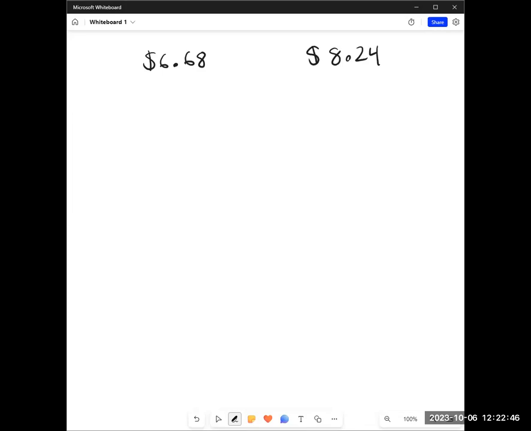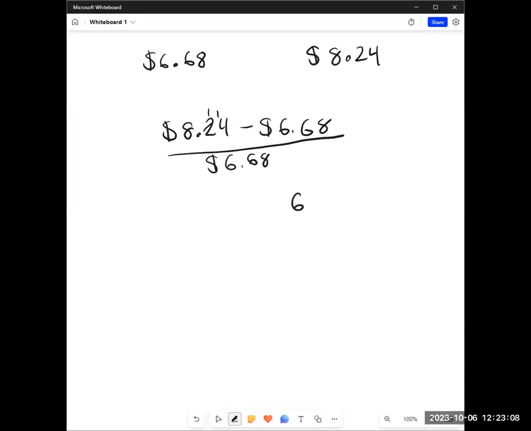So we're going to take the new value, which is higher, minus the old value, which is lower, divided by the old value, and 14 minus 8 is 6. 11 minus 6 is 5. 7 minus 6 is 1.